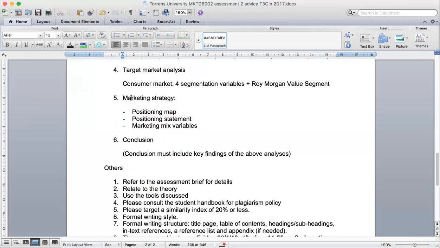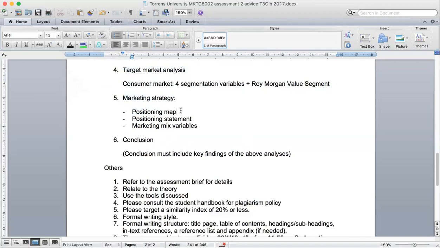And the next one is marketing strategy. Okay, guys, actually the term marketing strategy includes points 4 and 5. Okay, but since point 4 is quite large, it deserves a specific section. Now, in the marketing strategy section, you need to include positioning and marketing mix variables, right?